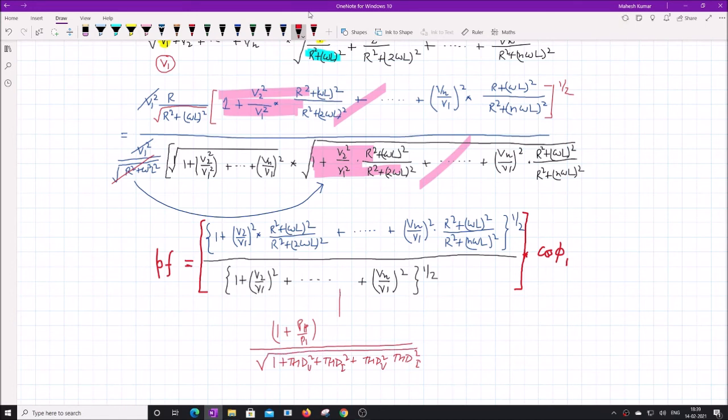This factor is same as this. But the advantage in this form is that we can make out what its value is. Here we cannot make out. Okay? How can we make out? You see here in this expression the numerator and the denominator.